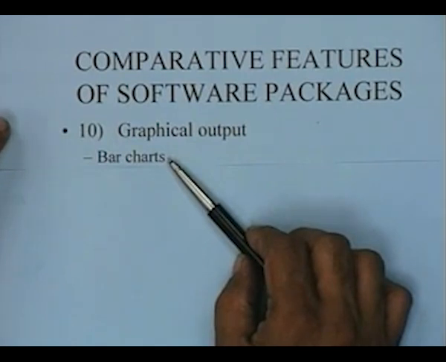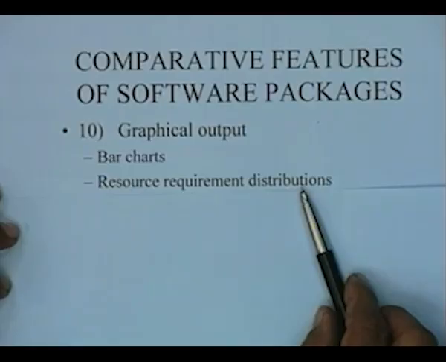A typical common output in any package is a Gantt chart of the various activities, showing the progress, what is done, where you are, how much is left, and so on. So you can have various kinds of bar charts with different color codes for those activities which are behind time, those which are ahead of time, and things like that.